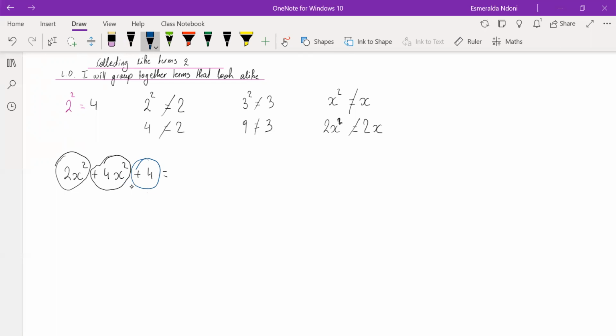Because it's just the number. So that will be done in a different color, or a different shape. Sometimes when you don't have different colors like I do, you just put a square around it to tell it apart. Now we just simplify. So 2x squared plus 4x squared, so 2 plus 4, 6x squared, and then plus the 4 that is behind. Okay, pause the video and copy this example down.